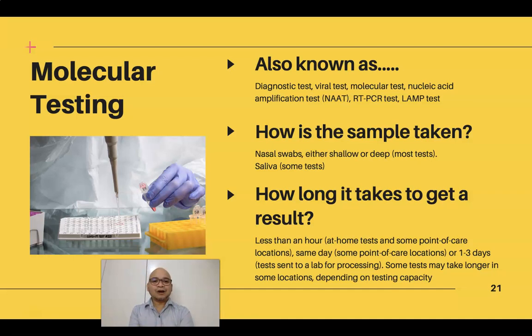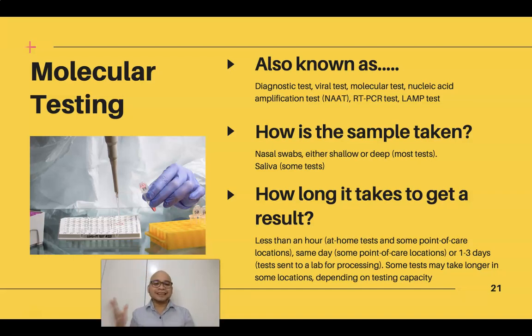Okay. How long does it take to get a result? Technically speaking, in less than an hour, you can have the result. But then again, you have to understand the traffic in the lab. You have to pool all the samples for the day, and consider how many wells are available in order to run a batch of testing.